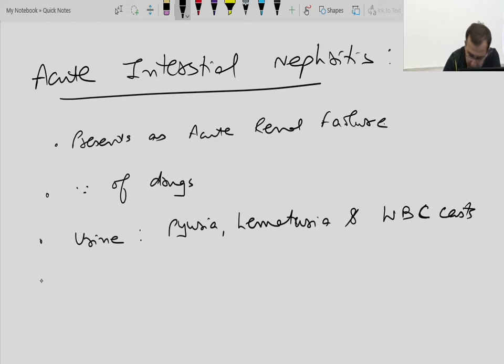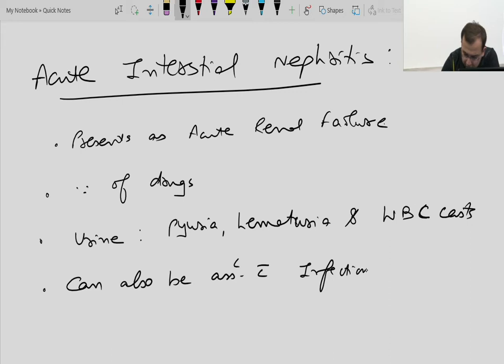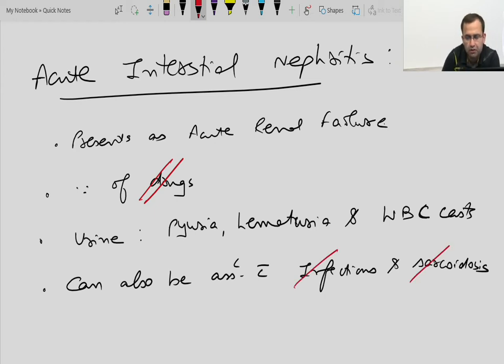Next point, it can also be associated with infections and sarcoidosis. So the main cause was drugs, can also be associated with infections and sarcoidosis.